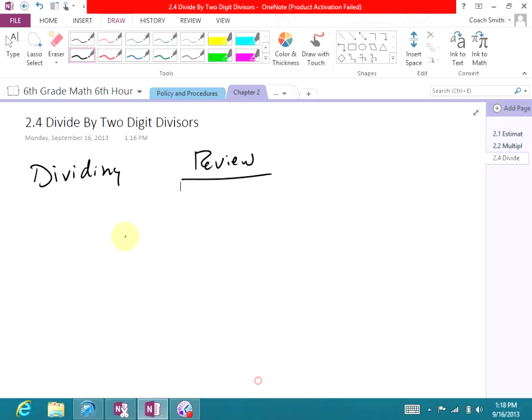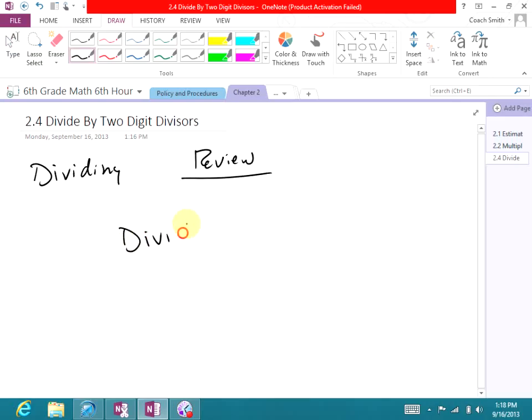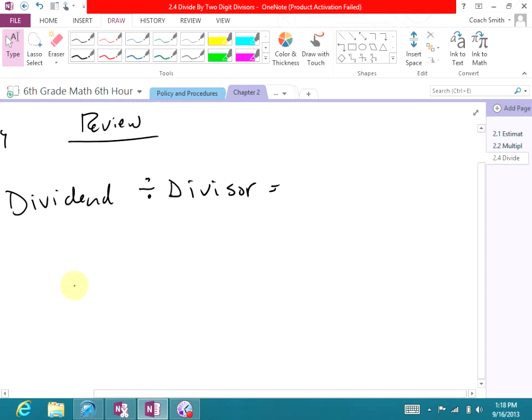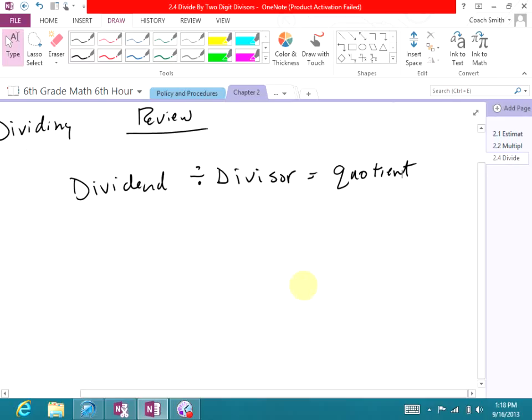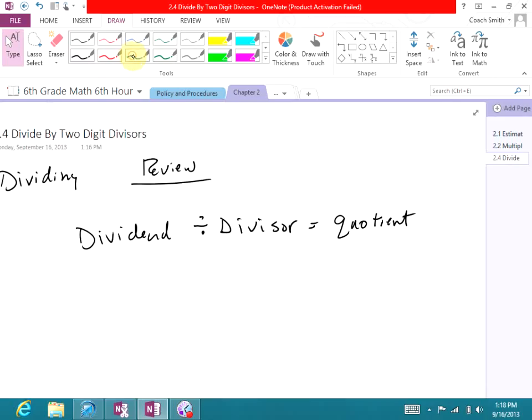Okay, our parts are dividend divided by divisor equals quotient. Okay. Now, if we were to put that in our normal, what y'all are used to, it would be this.